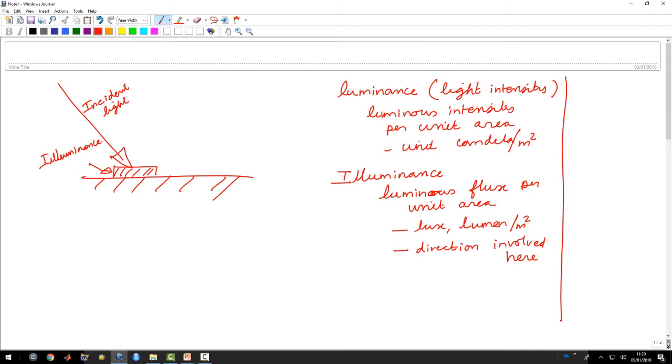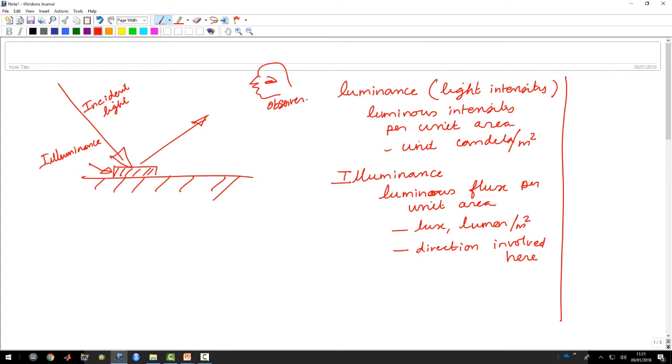That is the illuminance. When the light is reflected and the observer is over here, depending upon the direction where the observer is, the reflected light looks different.